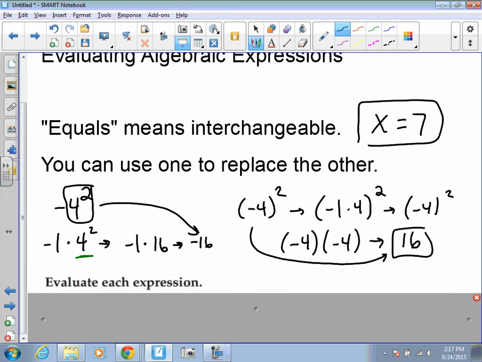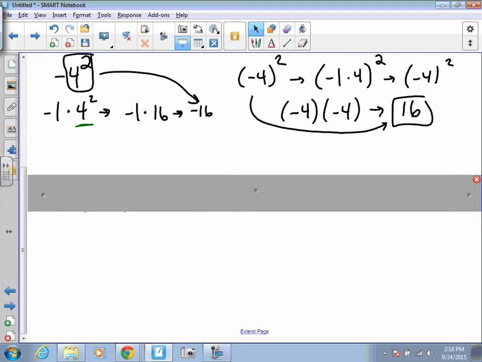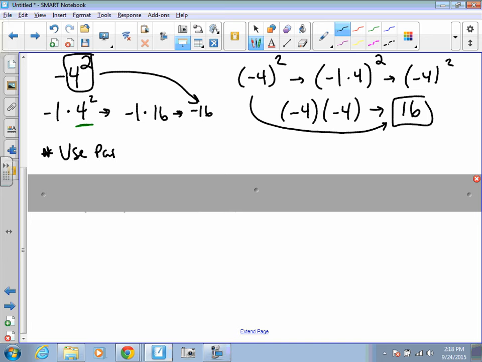So as we're evaluating these expressions, one of the big things I want you to do, and this is a big warning note, is use parentheses whenever substituting for a variable.